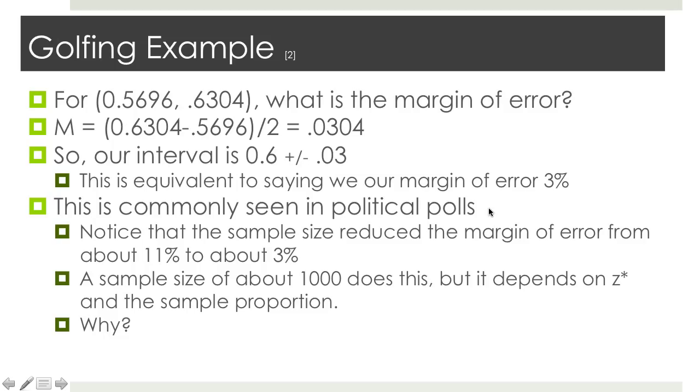In this case, we noticed that the sample size reduced the margin of error from 11% before to about 3% now. A sample size of about 1,000 will do this, but keep in mind it depends on the z-star value, our confidence interval level. In this case it was 95, but if we change that, that would also impact this. It's also going to depend on the sample proportion itself. In this case it was 0.6, so if that changed slightly, then you could expect the sample size to change as well.